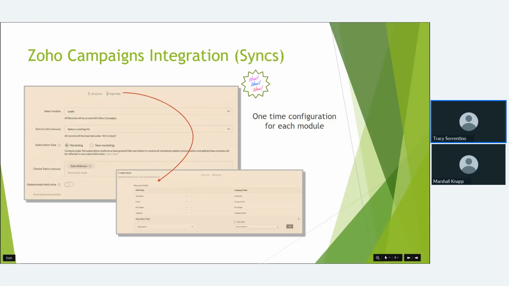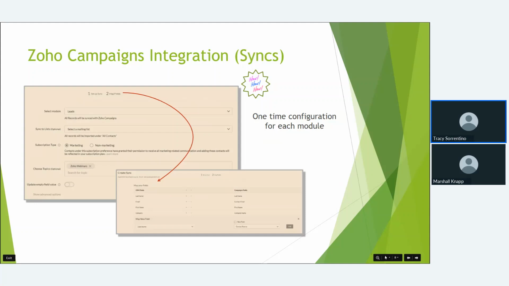Okay, are they going to be active in your marketing? If they are, you want to bring them in as marketing contacts. Now if they aren't, you can bring them in as non-marketing contacts, meaning they're inactive and they will not count against your subscriber limit. Your marketing contacts, as active marketing contacts, are going to count against your subscriber limit.